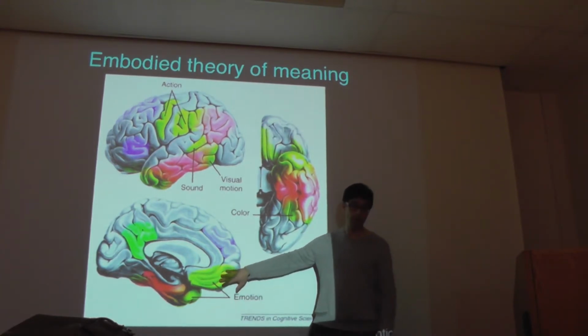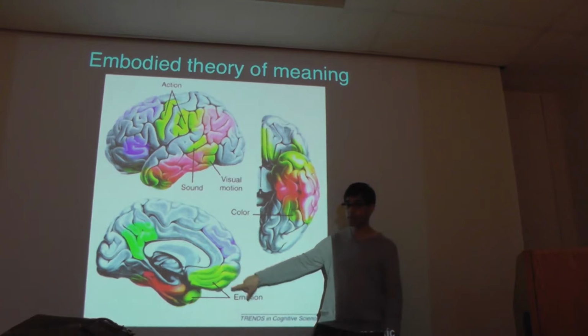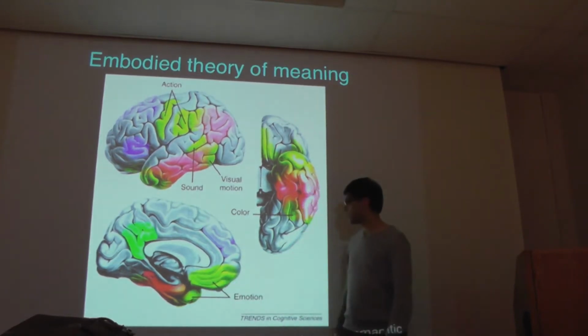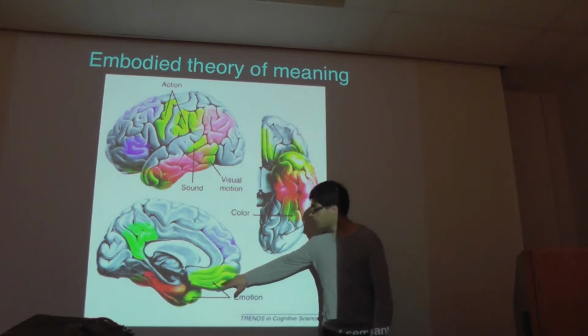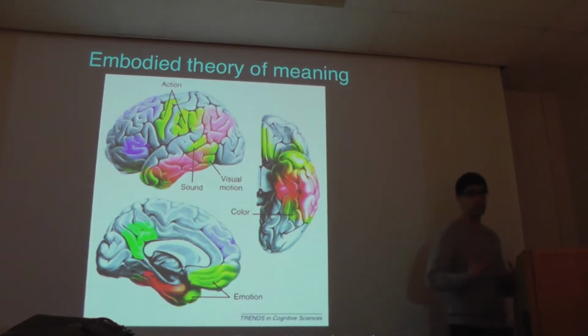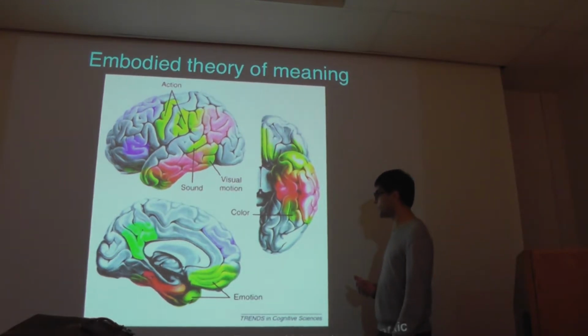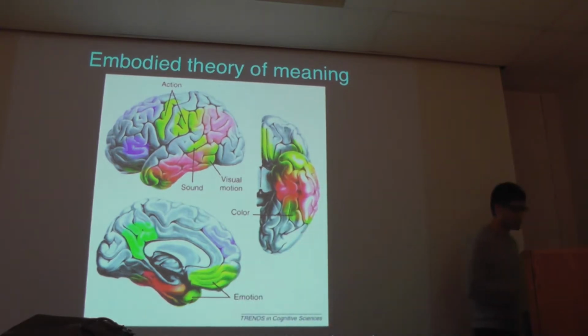This turns out to be very involved in emotion and depression, and people even do stimulation of this area to try and treat resistant depression. Helen Mayberg pioneered that. So this is embodied too. Emotions, you feel them with your body, in large part, so this is still a type of embodiment, looking at the emotional aspect of words.